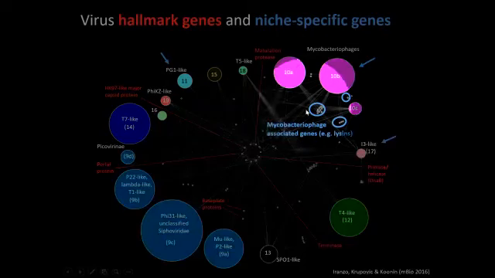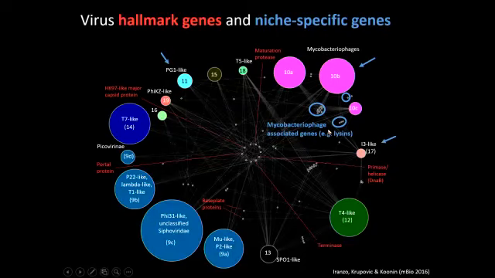This case here that I'm pointing out corresponds to genes that are shared by viruses that infect mycobacteria, and those genes are required to break the cell wall of mycobacteria. So we can try to identify these genes that have to do with niche adaptation by looking at the network and finding genes shared by modules that are very, very different in the network.